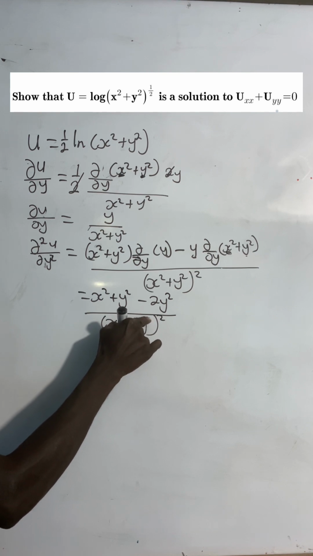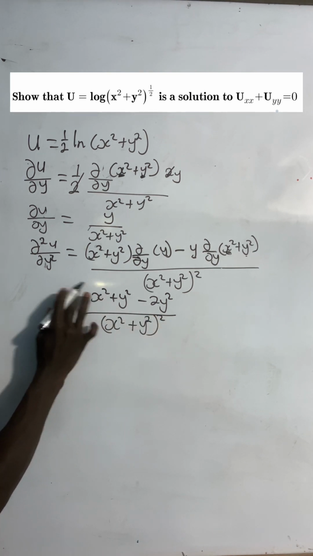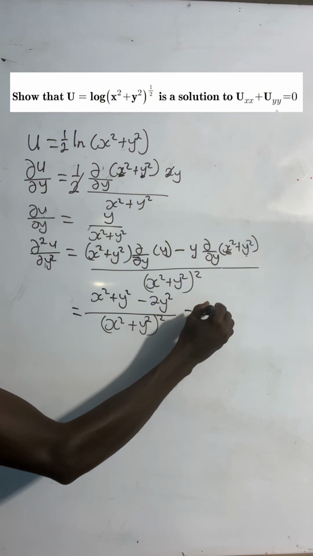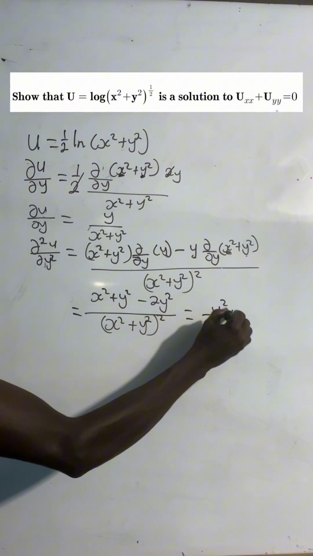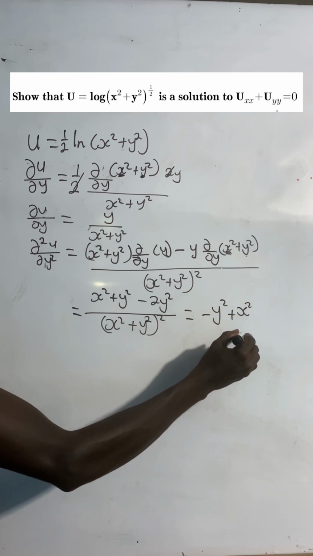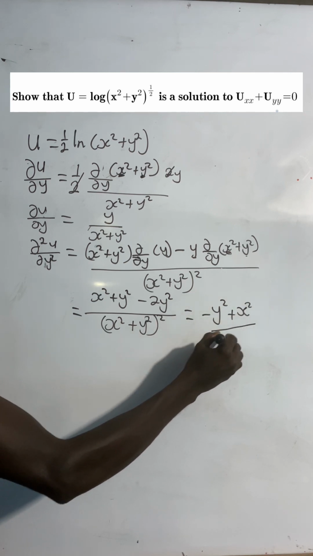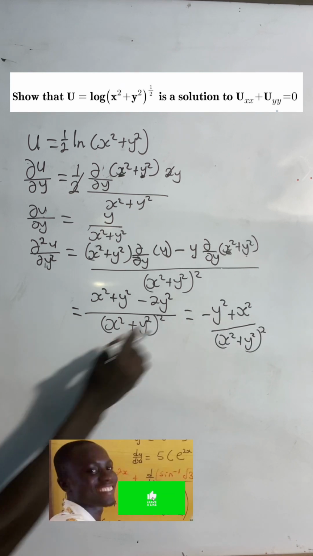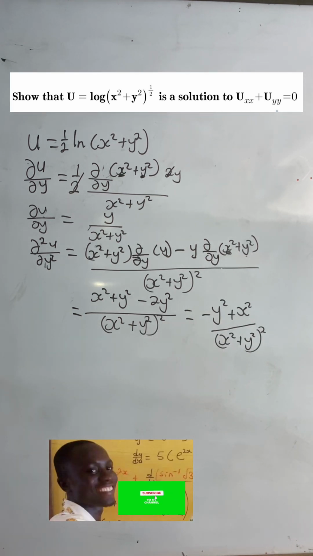Now, this simplifies to negative y squared plus x squared all divided by x squared plus y squared all squared. That is very simple as that.